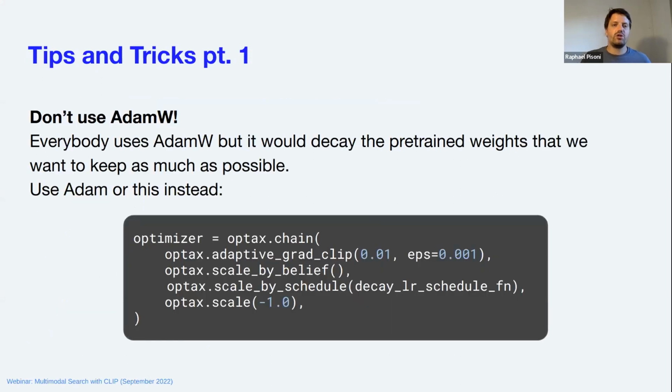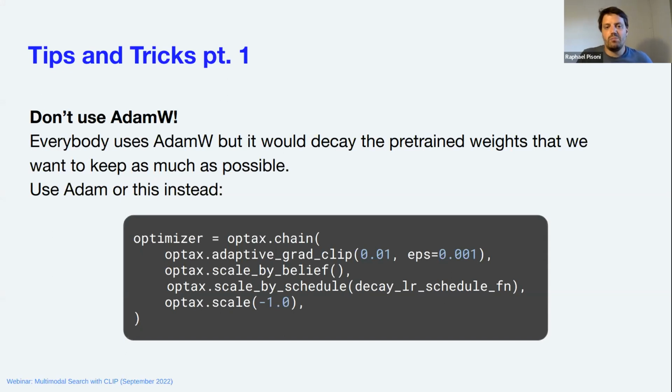And finally, I'm going to show you a couple of tips and tricks. Some of those might be obvious, but they were still very useful to train this model. The first is don't use Adam with weight decay, because since we were using pre-trained models, we didn't want to decay the weights of the original pre-trained models, because that would have decreased the original weights the longer we train.